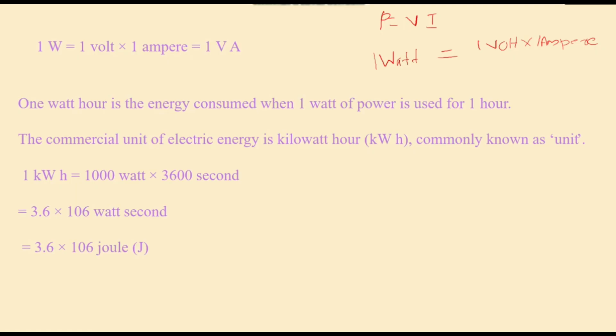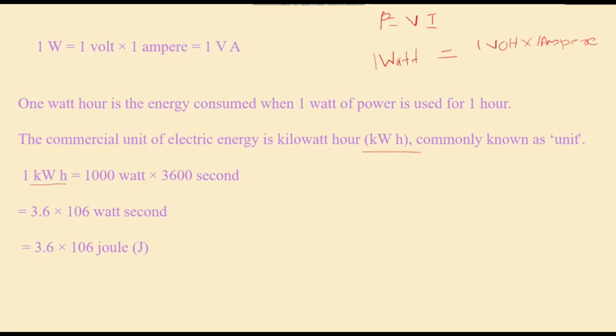1 watt hour is the energy consumed when 1 watt of power is used for 1 hour. The commercial unit of electrical energy is the kilowatt hour, commonly known as a unit. 1 kilowatt hour is equal to 1000 into watt into hour. Hour means 60 into 60 seconds.